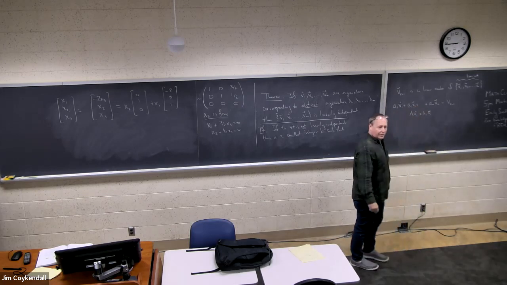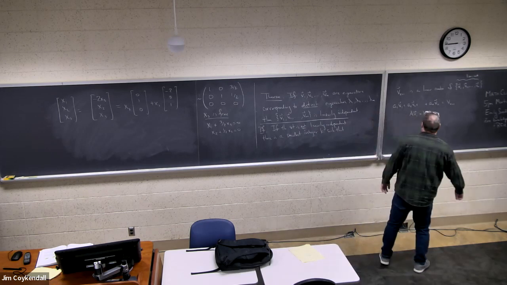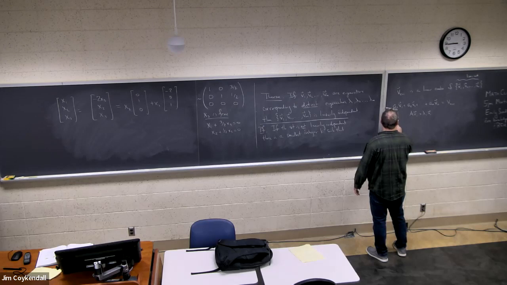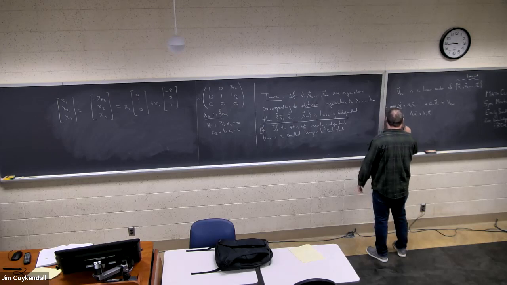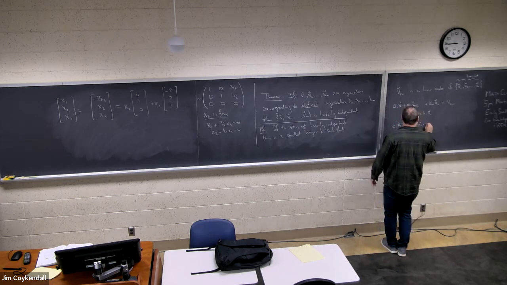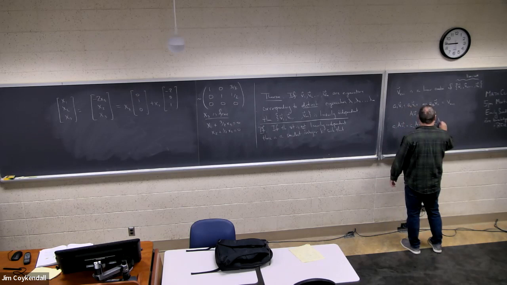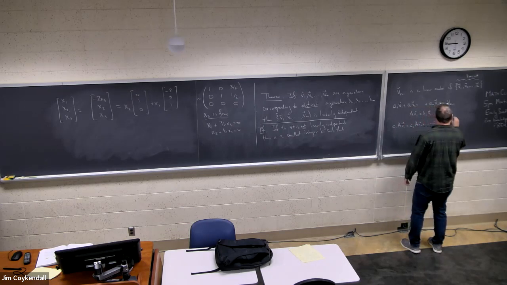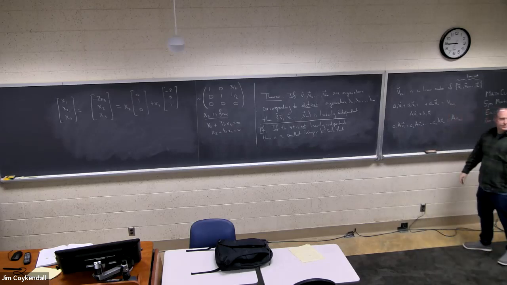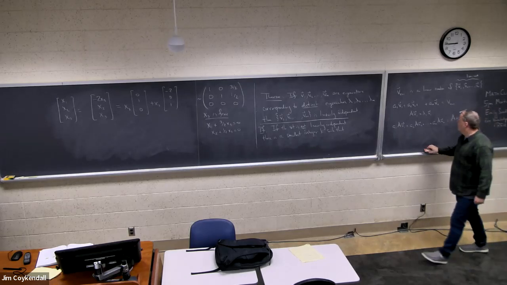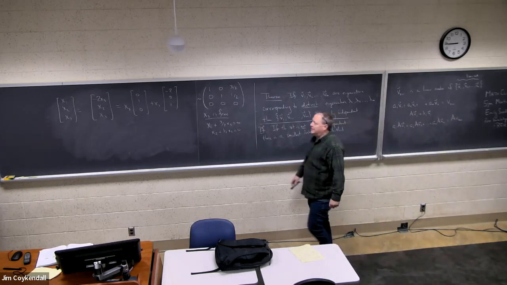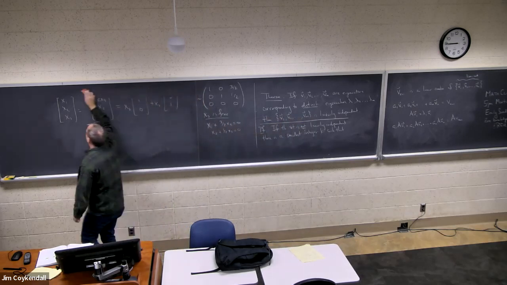Because all these Vi are eigenvectors for A. So if you multiply by A, this is what I get when I multiply both sides of this equation by A, and I distributed the capital A out because it's a matrix, and I can do that.